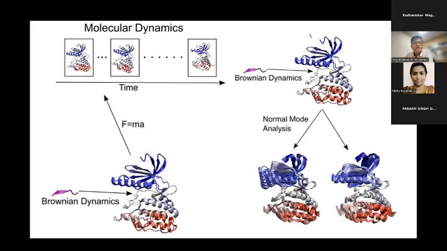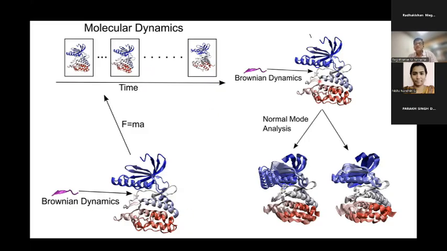So you have molecular dynamics, you take different snapshots. This is a snapshot, this is a snapshot, this is a snapshot. So this is with respect to time. And then you have this protein which goes through some combination of motions, and with respect to Brownian dynamics, which is random motions, you can do molecular dynamics to see how this peptide is binding to the protein.